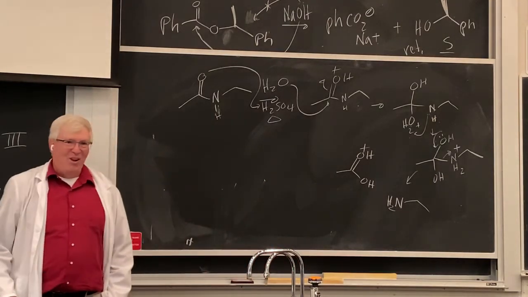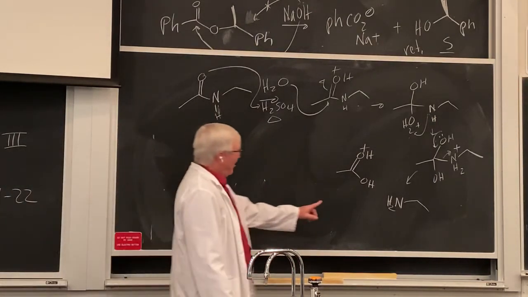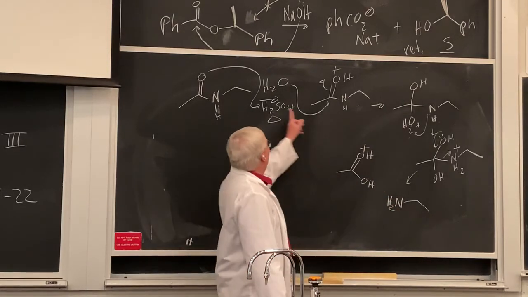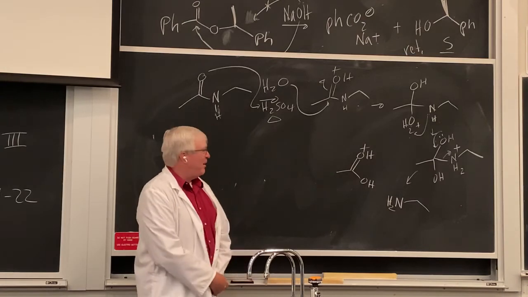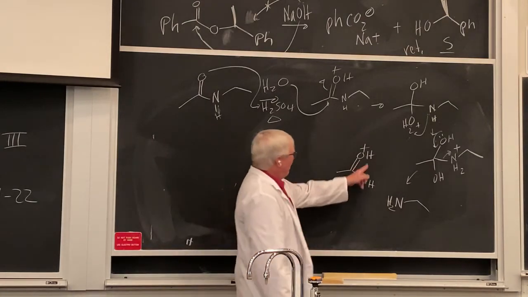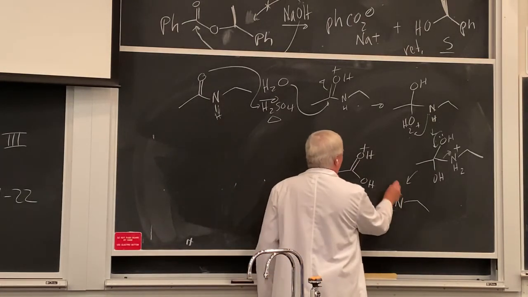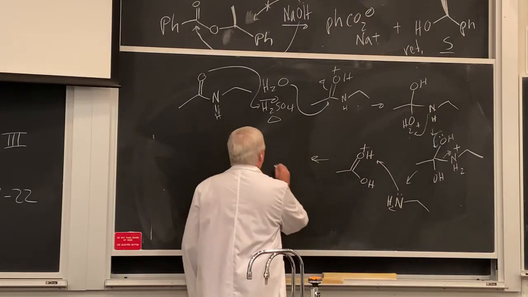Now, is that the end of the story? No. Why? Because we have a neutral amine here under acidic conditions. That should make you concerned about finishing off the mechanism here. In fact, we have a protonated carboxylic acid. Let's just use that amine to grab that proton.